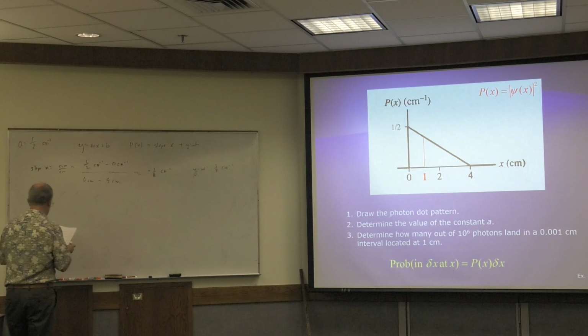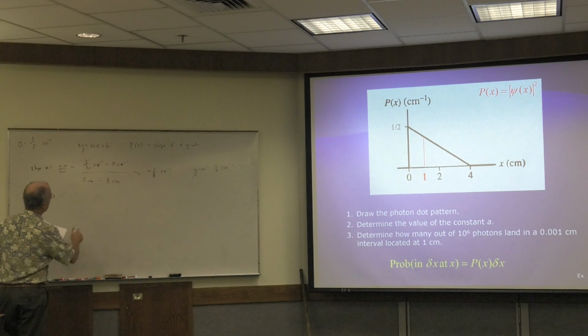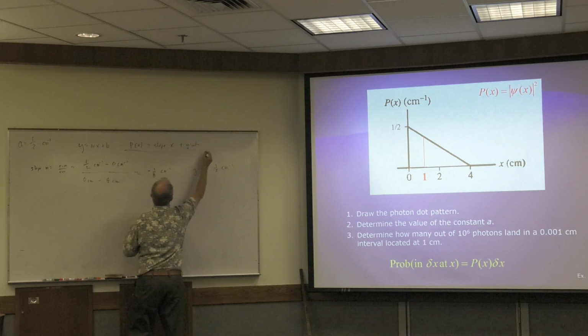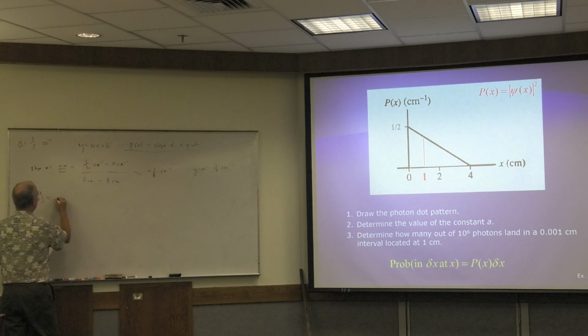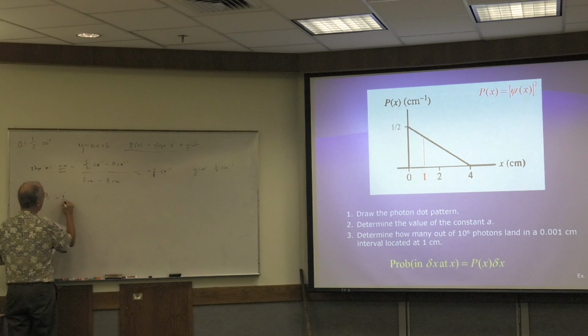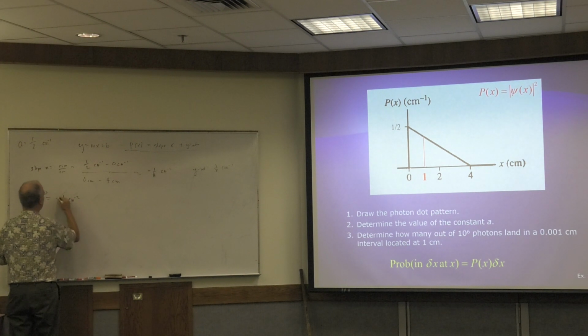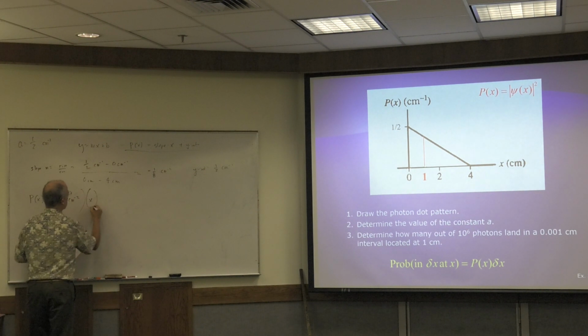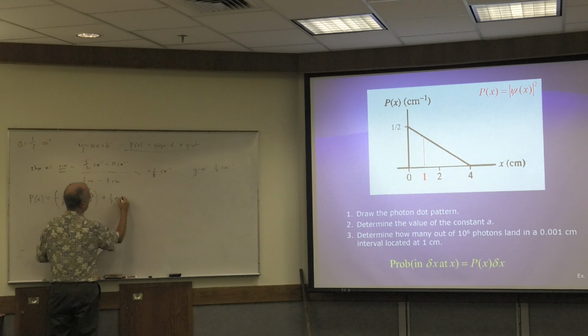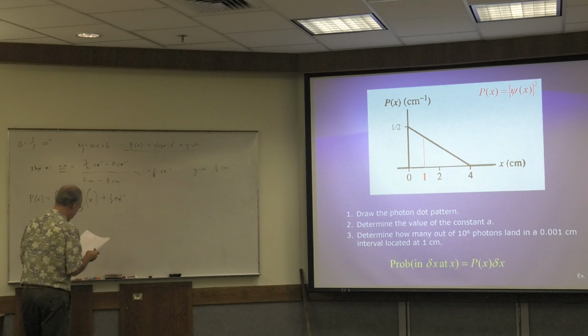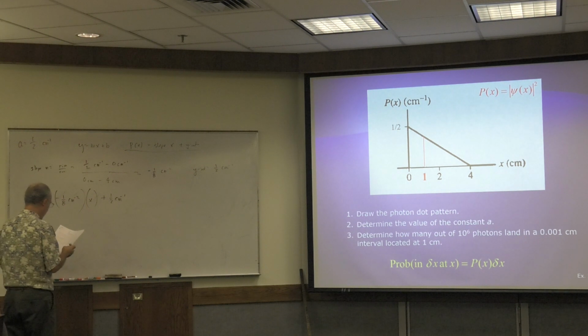So that means the equation of the line is p of x, that's like the y, equals the slope, minus 1/8 centimeter negative 2 times x, plus the intercept, 1/2 centimeter negative 1. That's what it is.